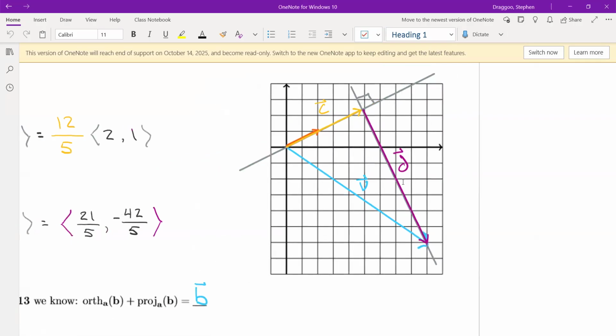Also, if we take the projection and the orthogonal projection and add them together, we get the original vector v. We follow the yellow vector, then the pink vector, and we get to the same point that our blue vector v was going to.